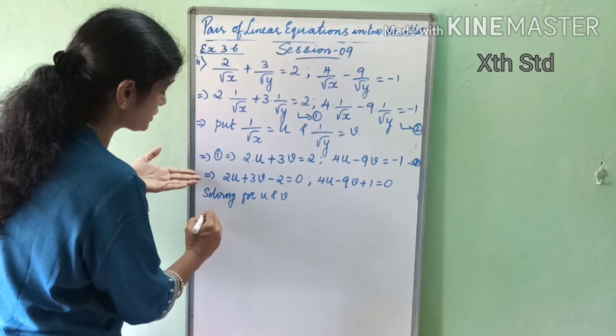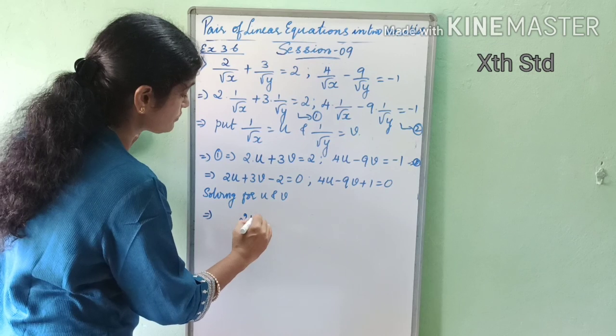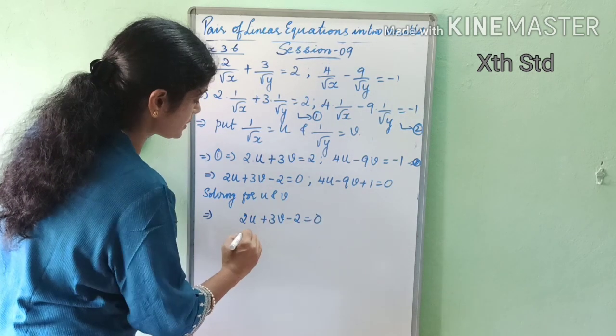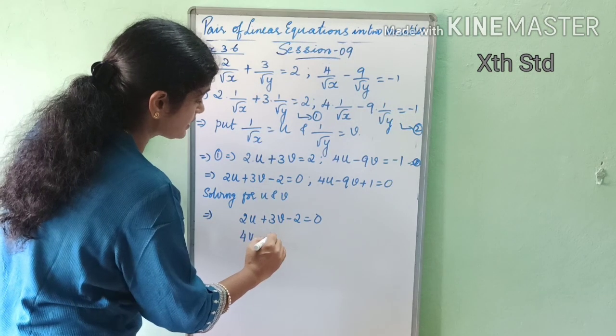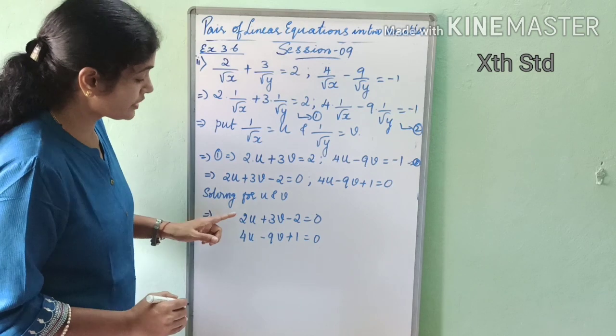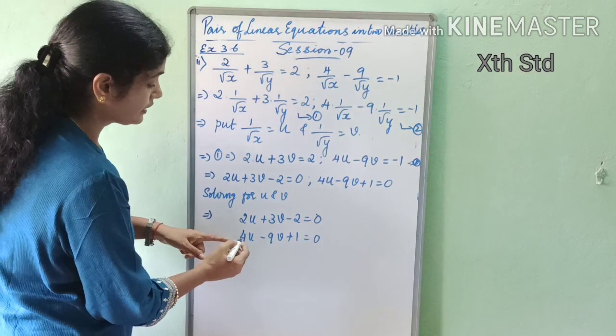Okay, now suppose we do it, since first one we have done by substitution, let's see this with the elimination. 2u plus 3v minus 2 equal to 0. This side 4u minus 9v plus 1 equal to 0. Now let's try to make the coefficients of u the same. It is 4 here.